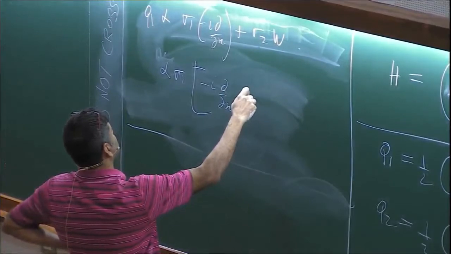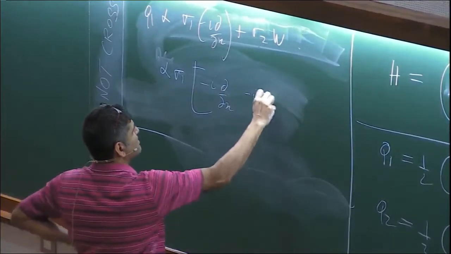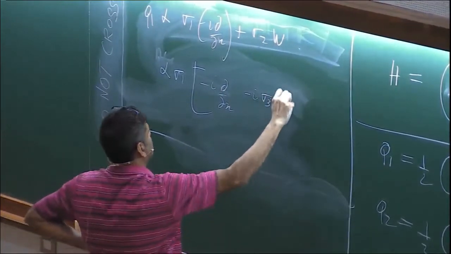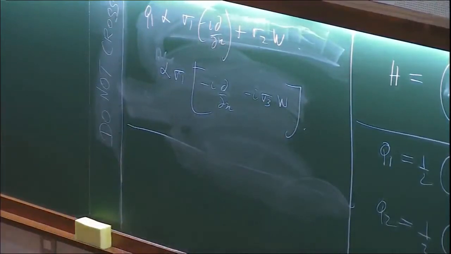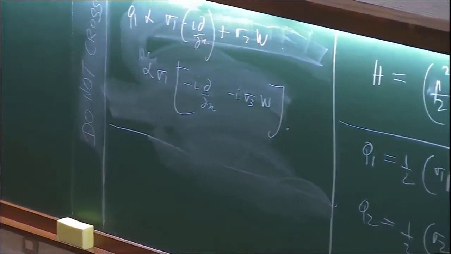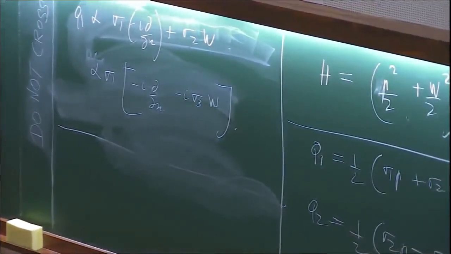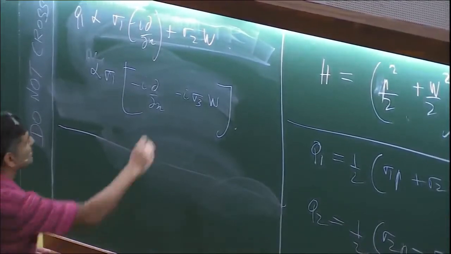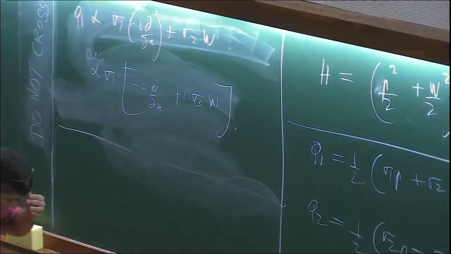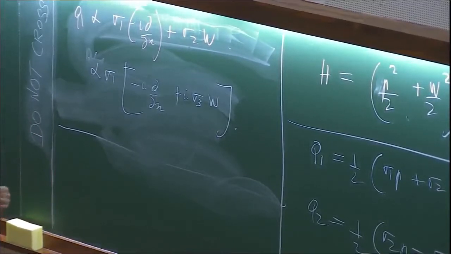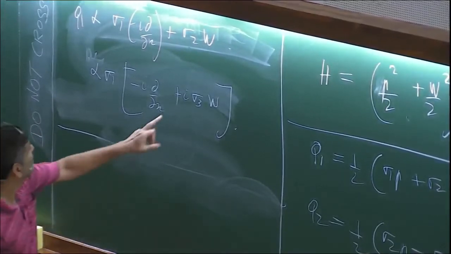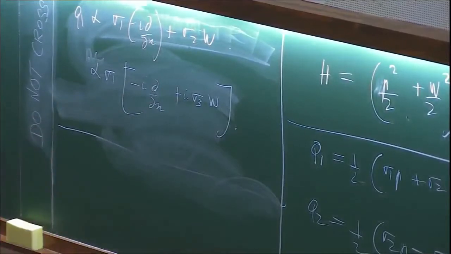So that's sigma 1 times minus i sigma 3, I believe. Right, because sigma 1 sigma 3 is minus i sigma 2. And so that does it.